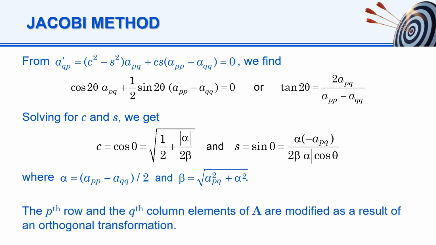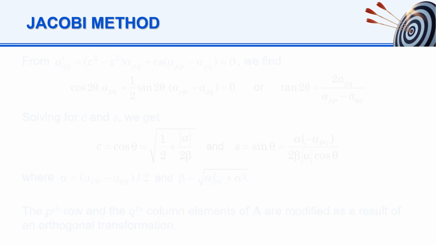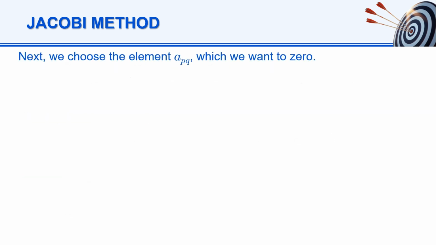The pth row and the qth column elements of matrix A are modified as a result of an orthogonal transformation. Next, we choose the matrix element APQ, which we want to 0.